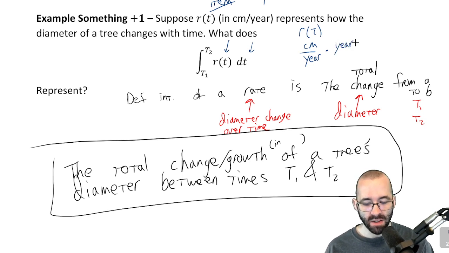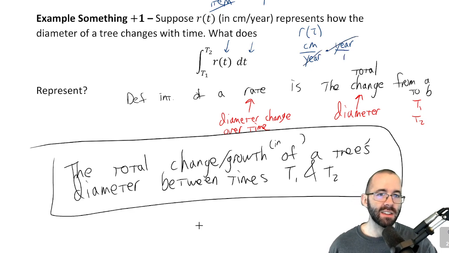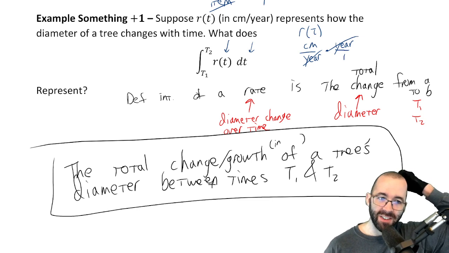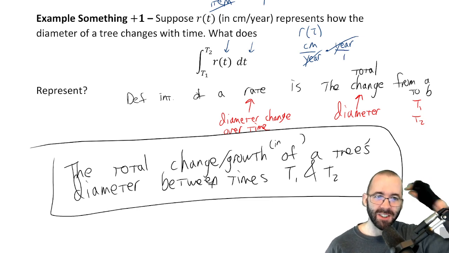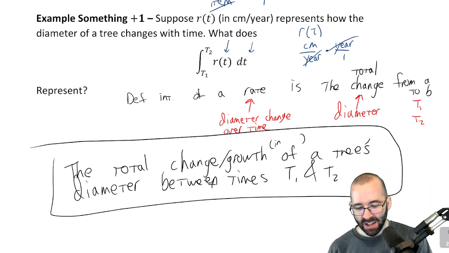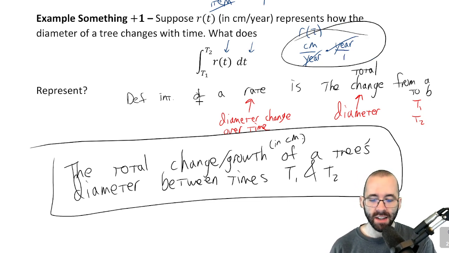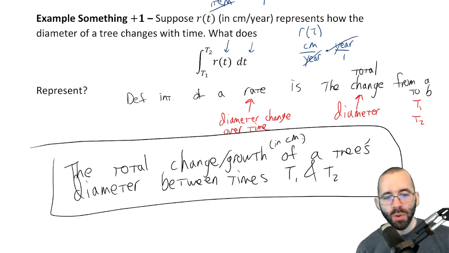It didn't actually tell you, it should have, that time is in years here. We're always going to get cancellation like this when we deal with rates. You just have to be very careful. Just like that first gnarly example from this whole section with the flow of that river, you do have to make sure your units match. It's going to be the total change of growth of a tree diameter in centimeters. Because once the years cancel, we're just left with centimeters. And that's what we've got here.